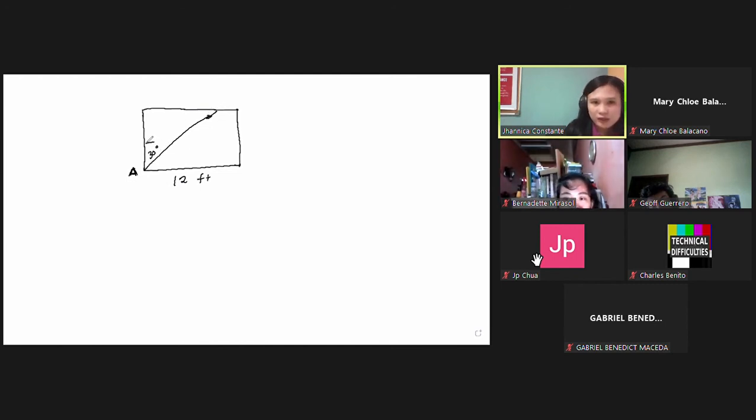The sculpture is here. Let's say this is the sculpture, which stands for B. The angle of depression to its base is equal to 22 degrees.